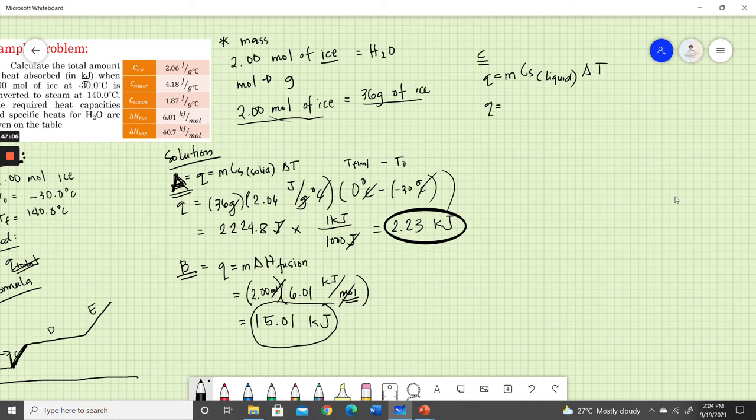So the mass of the substance is 36 grams, and the heat capacity in liquid form or water is 4.18 joules per gram degree Celsius.